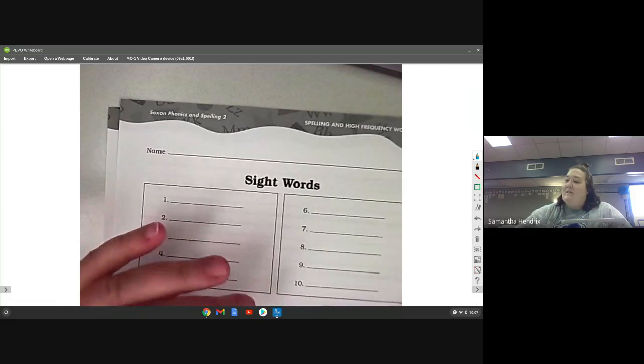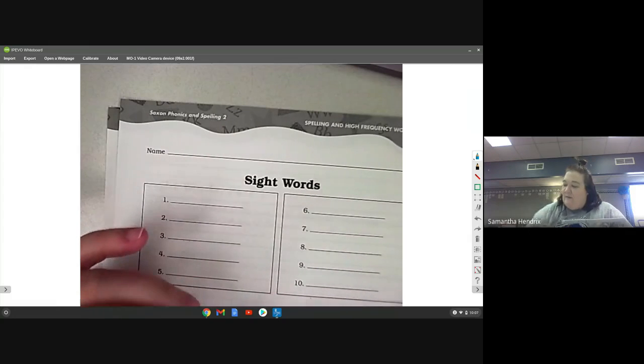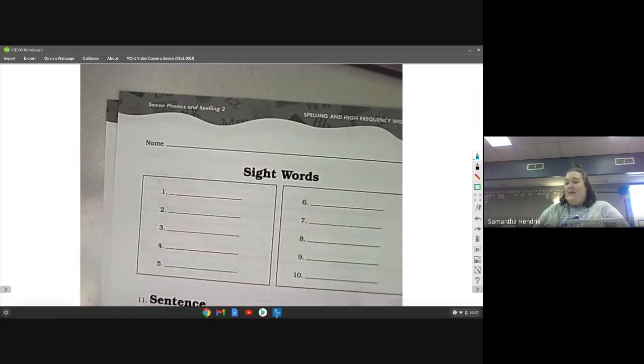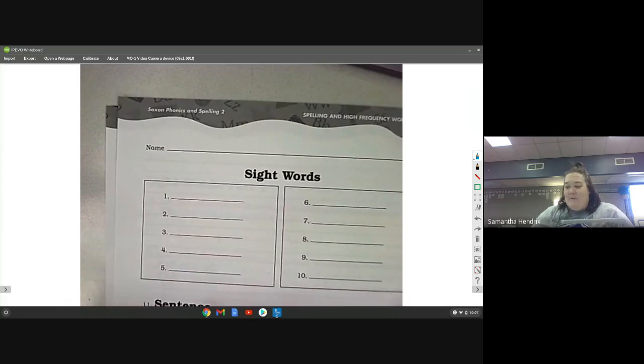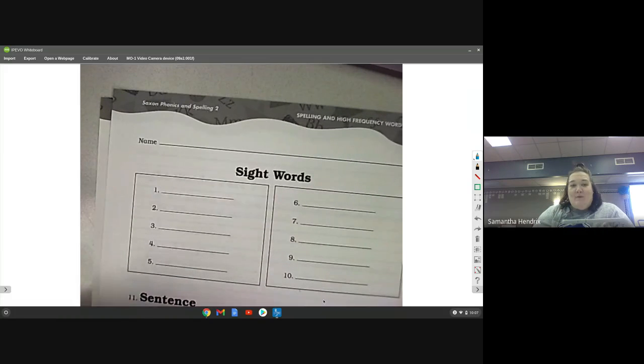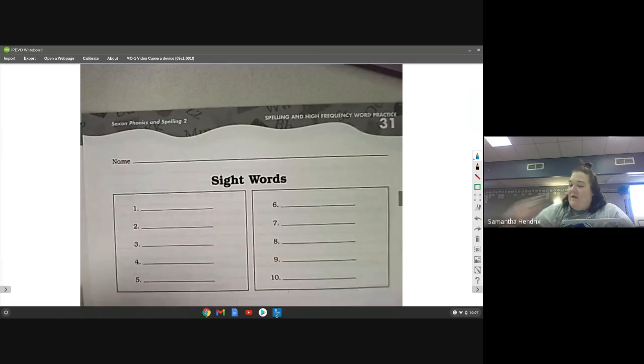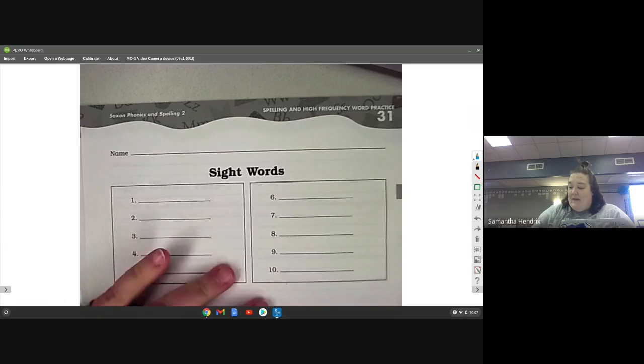Okay, so let's review some of the stuff we've learned this year already. So we know that our alphabet is a set of symbols representing sounds. We've learned that our alphabet is the Roman Latin alphabet.